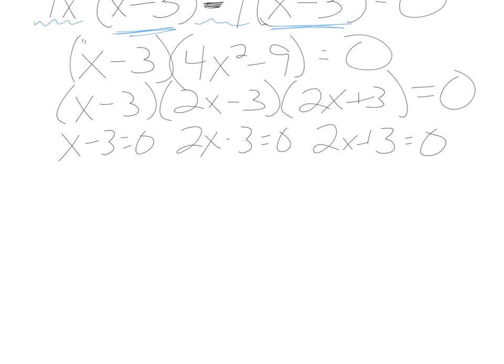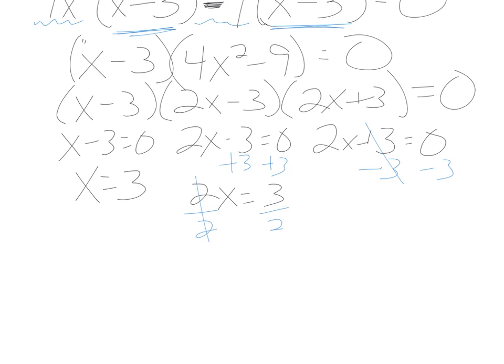And solving, then we're going to have x equals positive 3 if I add 3. 2x equals 3, and divide, x is 3 halves. Subtract 3, 2x equals negative 3, and divide, x is negative 3 halves. So my original equation was a cubed. That means I have 3 answers.